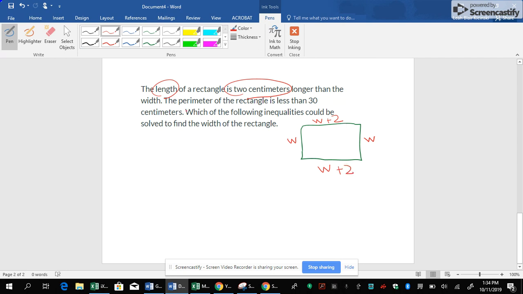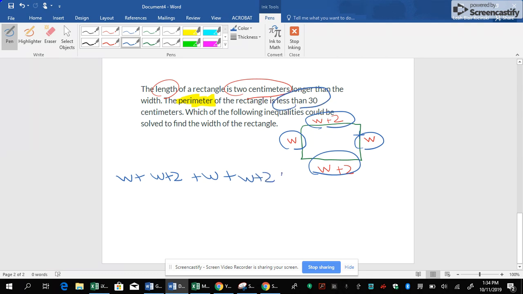Now, you do kind of have to remember how you find perimeter. And if you remember, perimeter of a rectangle is when you just add up all the sides. So what I can do is add up all the sides. So W plus W plus 2 plus another W plus another W plus 2, and it's less than 30. Okay.